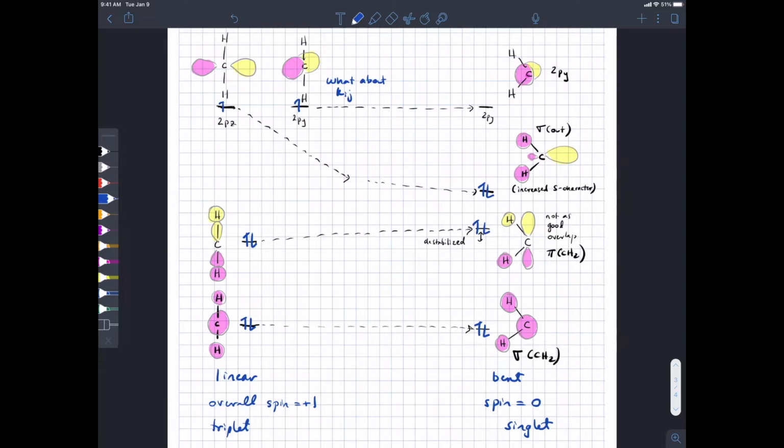Well, imagine some intermediate state that's not quite linear, but it's also not quite bent. Maybe the angle is not quite 180, but it's also not quite 120. You would predict that at that stage, your 2py orbital would remain unchanged, and the 2pz orbital would go down a little bit in energy.